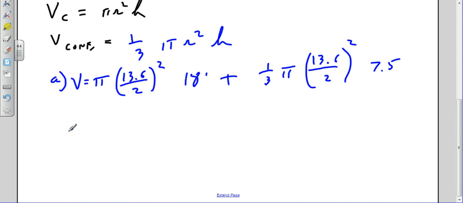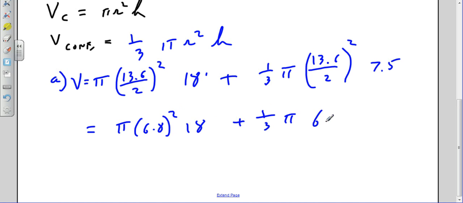Okay, so now it's time to put it in the calculator, but we'll make it a little bit easier before we go on. This is a 6.8. So we have pi 6.8 squared times 18 plus 1/3 pi 6.8 squared 7.5. Well, it's time to get out our calculator.